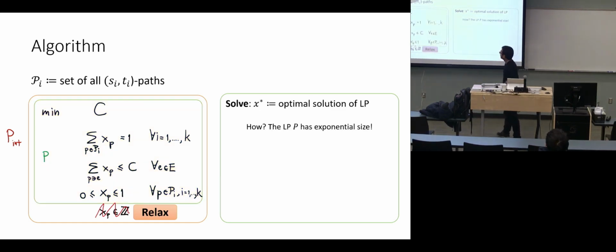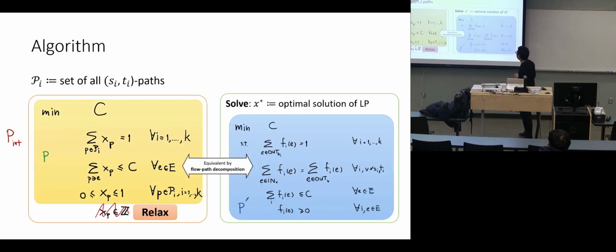Before going there, you should think of this problem as trying to send 1 unit of flow from S1 to T1, and doing this for every pair, such that the capacity of every edge is bounded by C. Once you think of this as a flow problem, I can just write this instead.